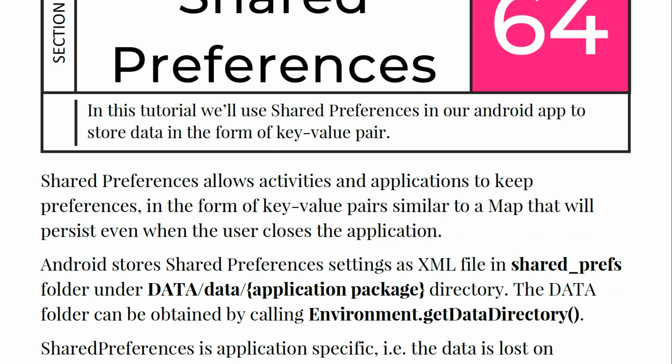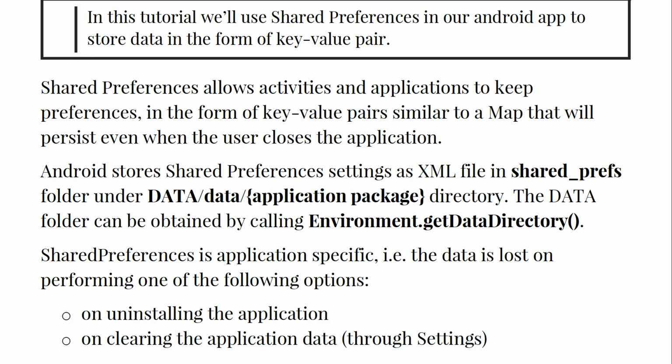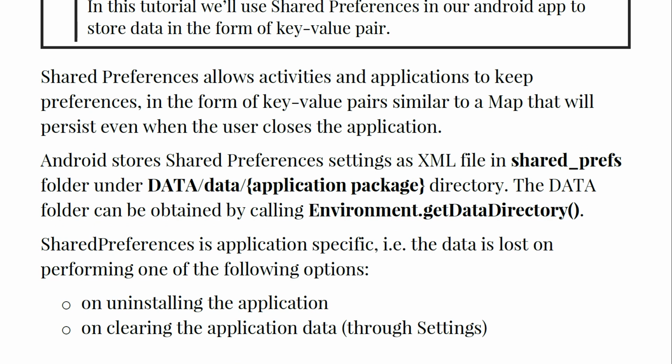Android stores shared preferences settings as an XML file in the shared_prefs folder under the data directory of the application package. The data folder can be obtained by calling the Environment.getDataDirectory method. Shared preferences is application specific.